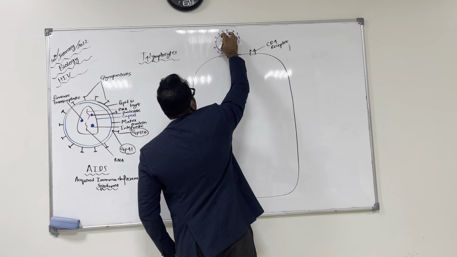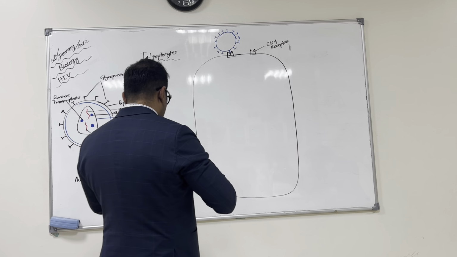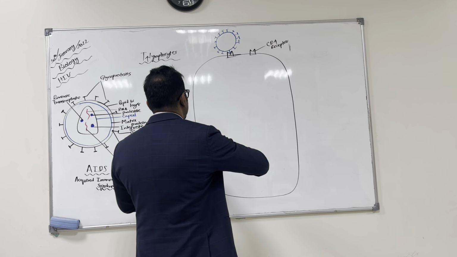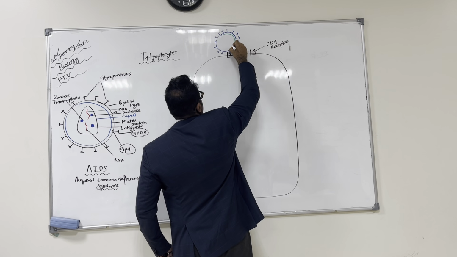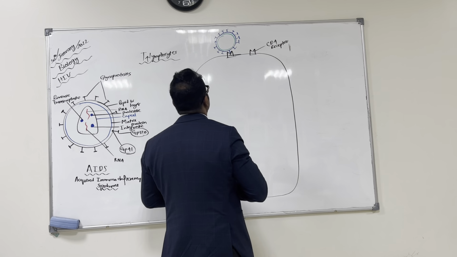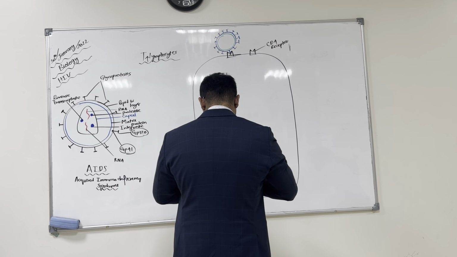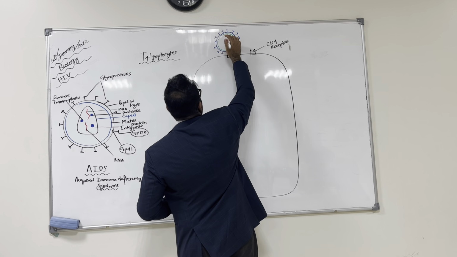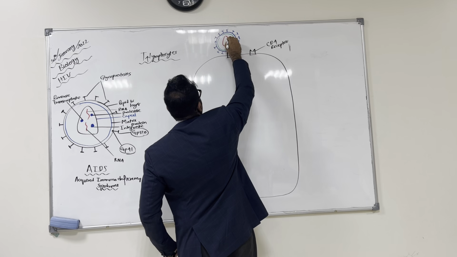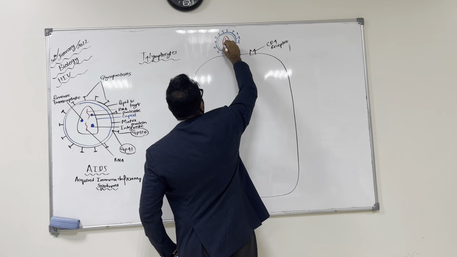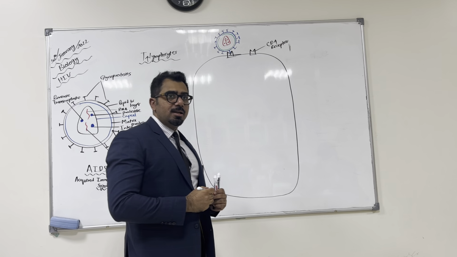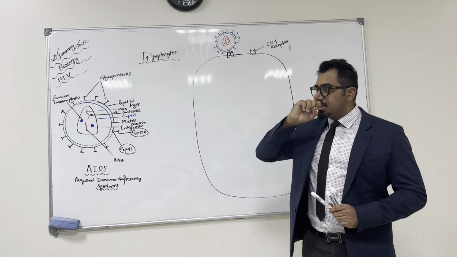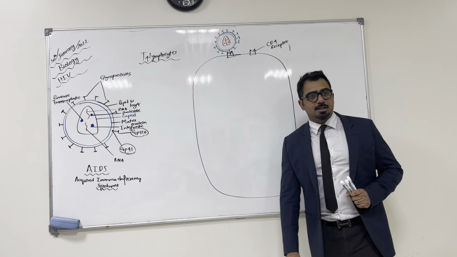Now, we can draw the rest of the structure very quickly. So it has bound to the CD4 receptor on the T4 lymphocyte.